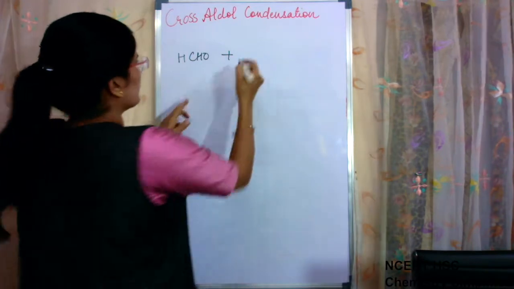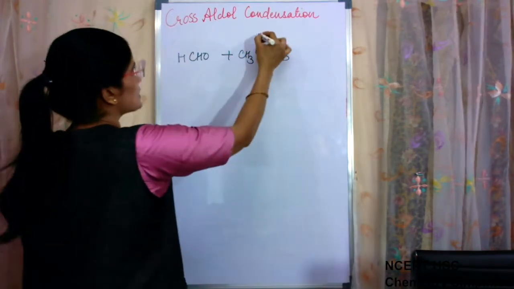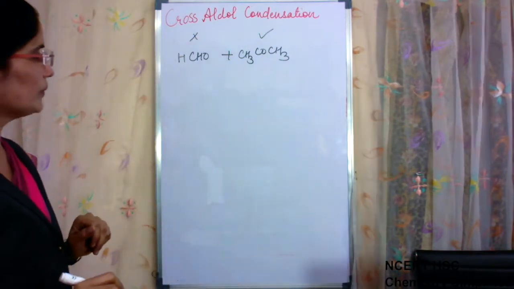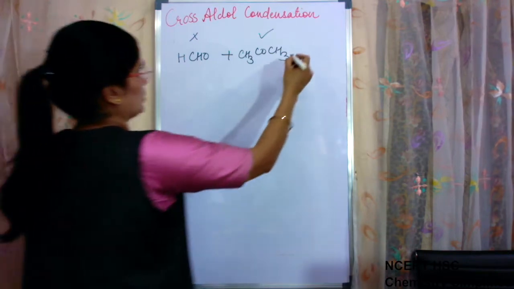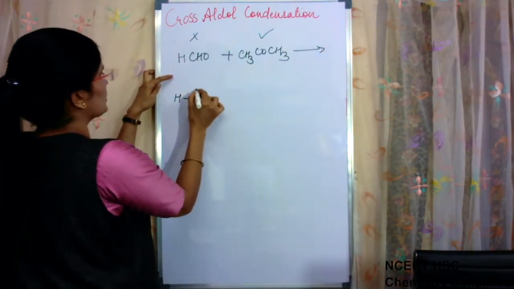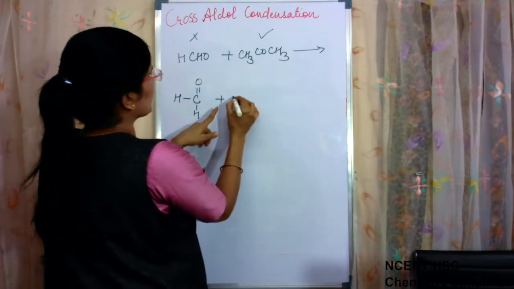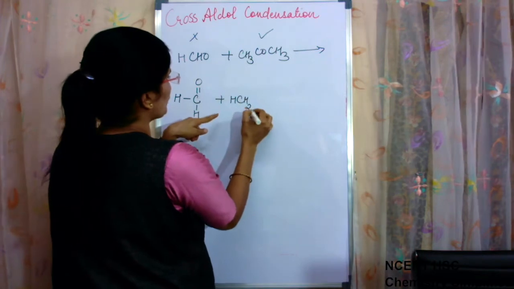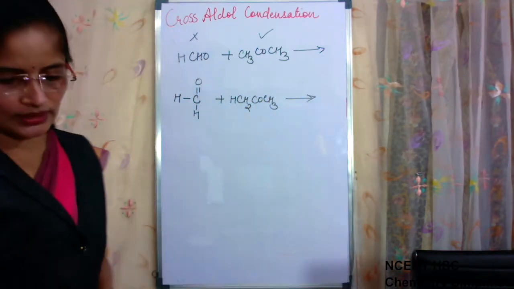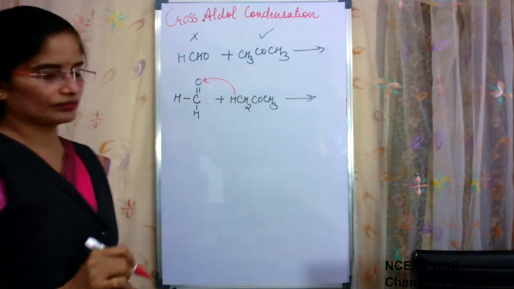So HCHO and CH3COCH3. This one has alpha hydrogen, this one does not have alpha hydrogen. Let us write this reaction in proper way: H-C=O with H, plus H-CH2COCH3. Still the reaction is possible because the H of this will shift here.